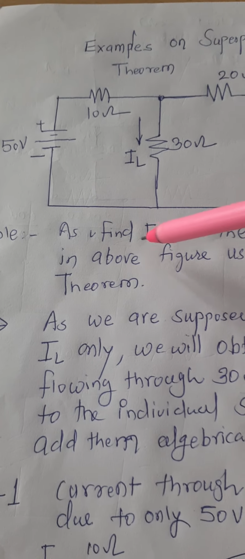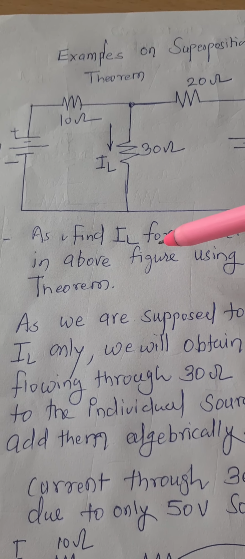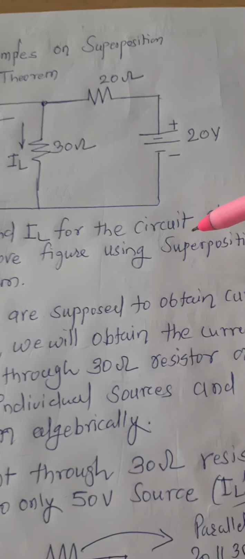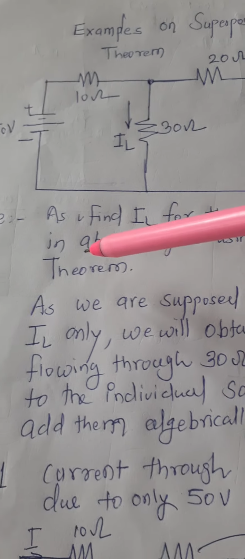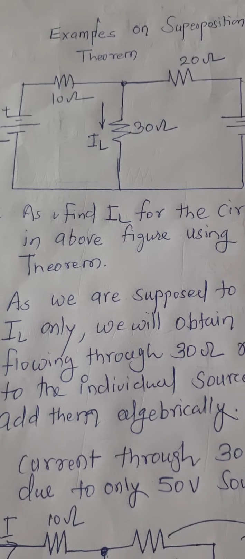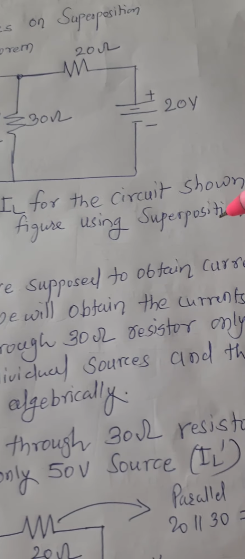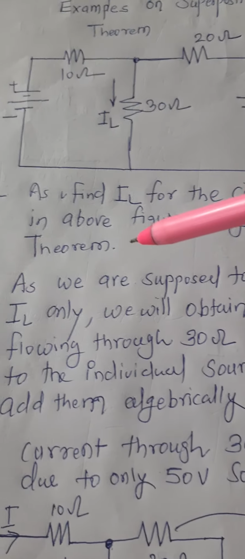Now, find the load current for the circuit shown in the above figure using the superposition theorem.